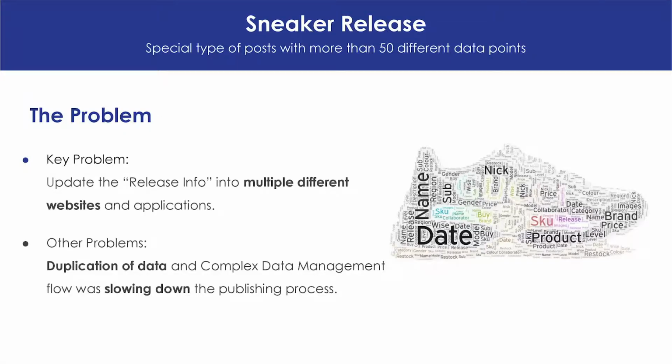So the problem at that time was their editorial team. They had to update two different WordPress systems in order to release that information or update those special types of posts on their website. That was adding up to a problem of duplication of data and managing two different systems.